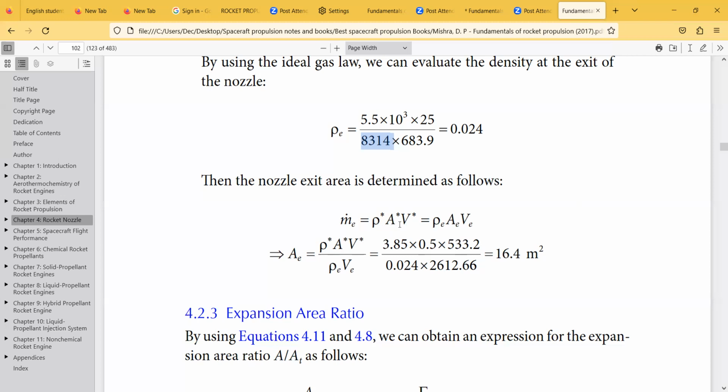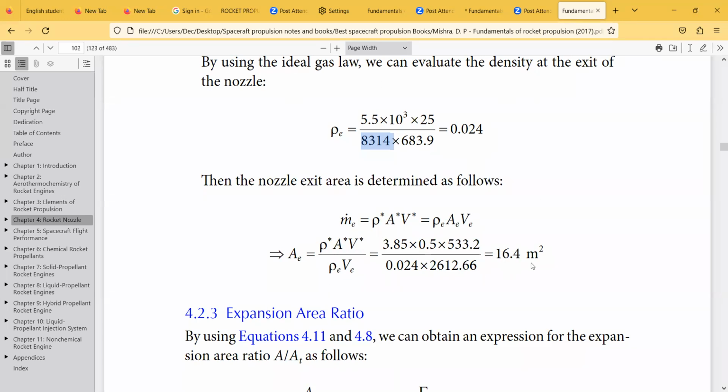So rho A V of the throat is equal to rho A V of the exit. Using that, we can find the exit area. So exit area is equal to rho A V of the throat divided by rho A V of the exit. From that, you can easily find this formula.